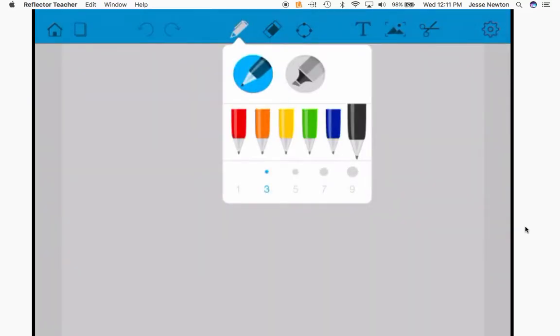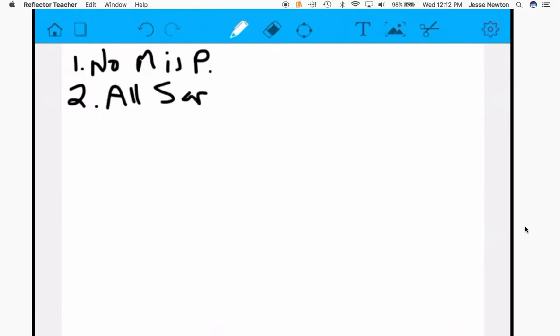All right, so let's suppose we wanted to determine whether or not a categorical syllogism is valid. Well, let's give a categorical syllogism. I'm going to begin by just coming up with one. We'll say premise 1: no M is P. Premise 2: all S are M. And then 3, the conclusion: no S is P. All right, and what we want to do is figure out whether or not this is valid.